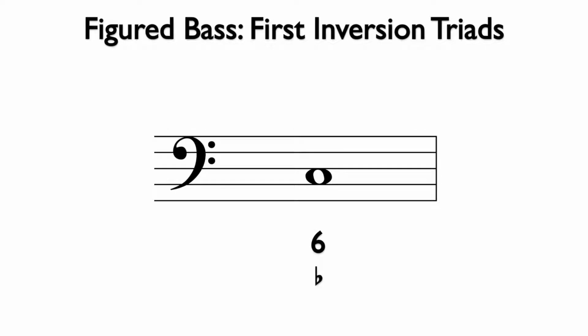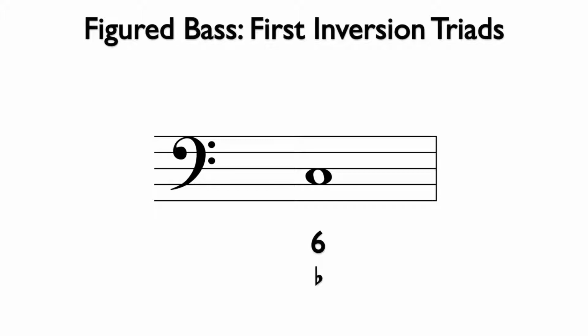If the third above the bass is altered, there will be an accidental below the sixth referring to the note a third above the lowest note. Here we have C in the bass and a 6 flat figure. For this type of figure, it is often easier to determine the chord by using the intervals indicated by the figure to discover the notes of the chord.